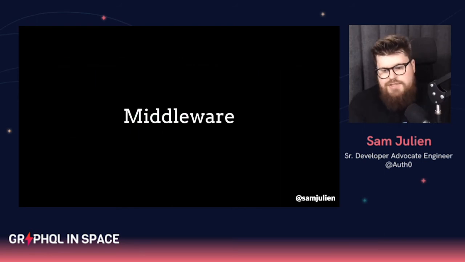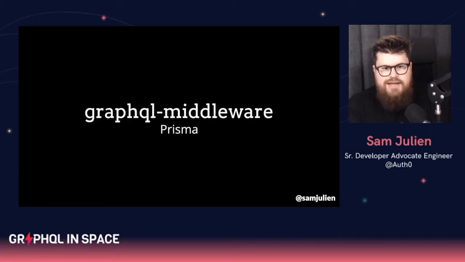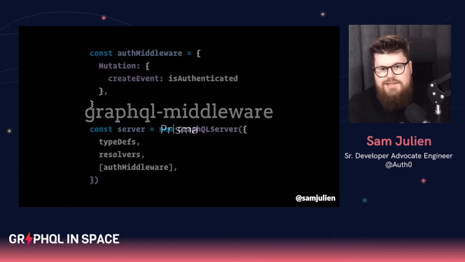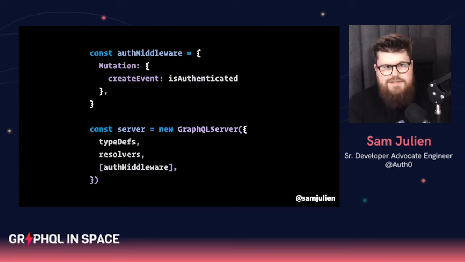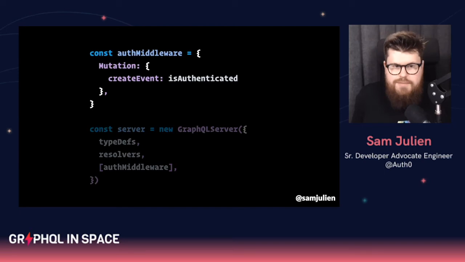Another approach, which is a little bit different than this, is using a middleware approach. And there's a library by Prisma called GraphQL Middleware that makes this a lot easier than writing it ourselves. So for example, we could create an auth middleware object. It's kind of like a key value map, saying, hey, when you come to create event, I want you to run this isAuthenticated function before you run the create event mutation.